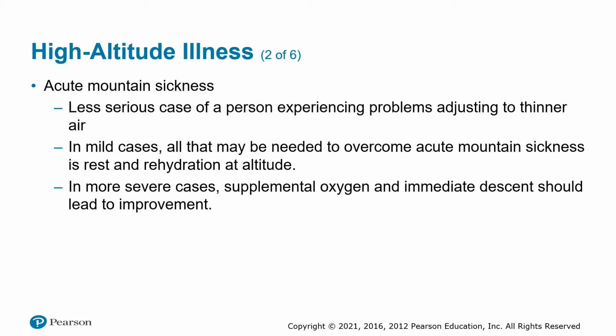Okay, this is a less serious case of a person experiencing problems adjusting to thinner air. In mild cases, all that may be needed to overcome acute mountain sickness is rest and rehydration at altitude. In the more severe cases, supplemental oxygen and immediate descent should lead to improvement. If you go down, the pressure on the body from the atmosphere increases.